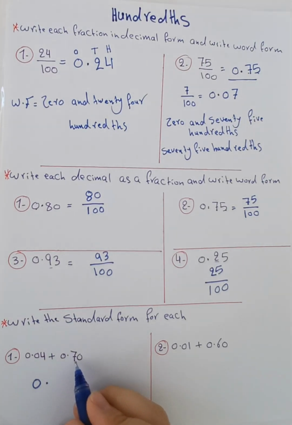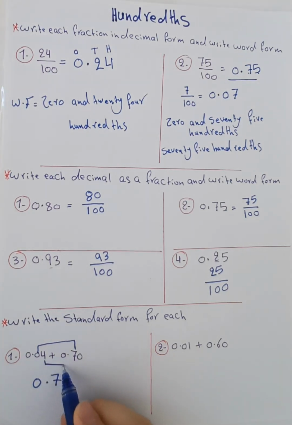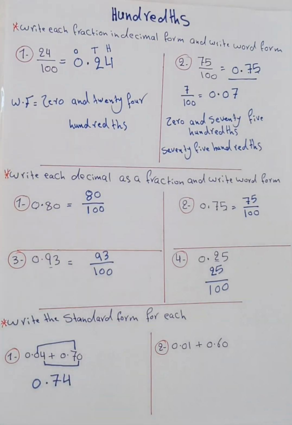After that, tenths. In tenths we have 0 and 7. 0 plus 7 is 7, and then hundredths, 4 plus 0 is 4. So the standard form for this expanded form is 0.74, or we can say 0 and 74 hundredths, or we can say 74 hundredths.